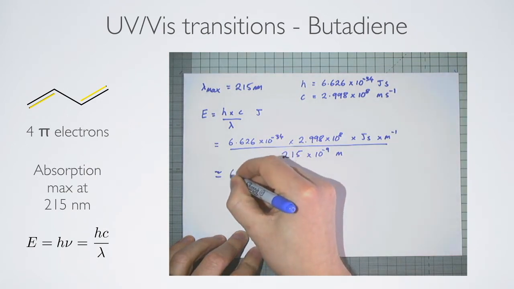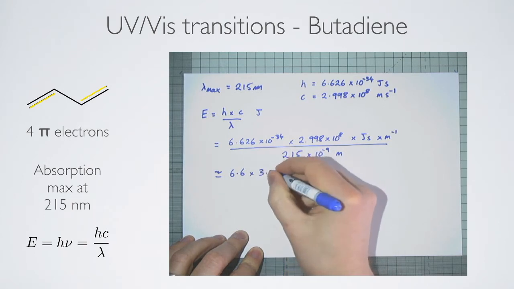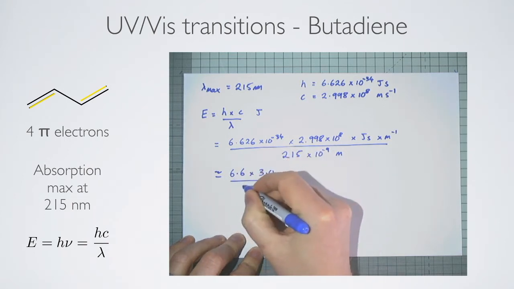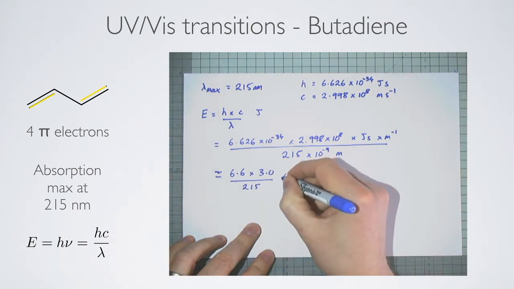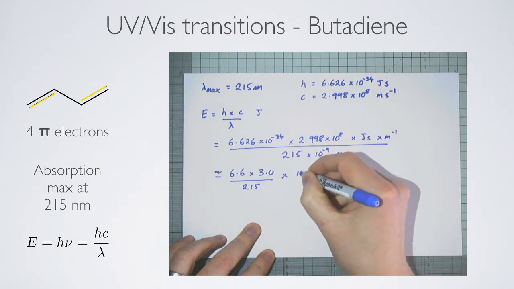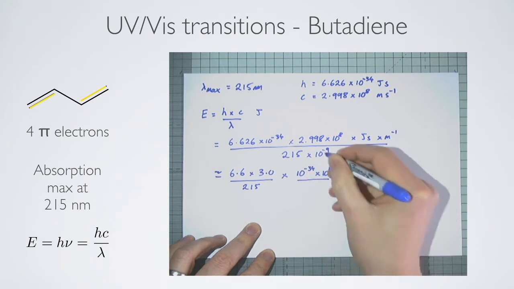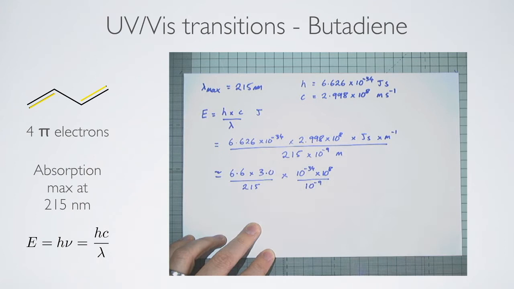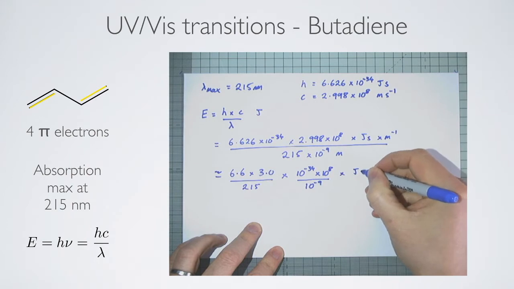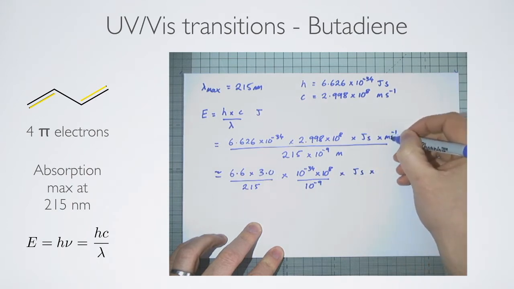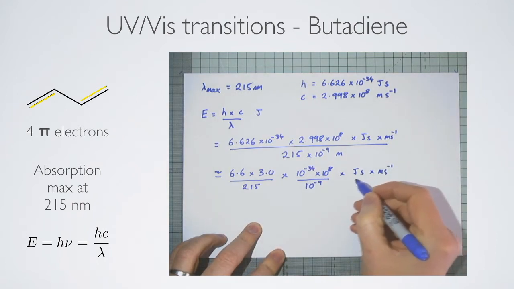So firstly, we have 6.6 times 3-ish divided by 215. We then combine our exponents, times 10 to the minus 34 times 10 to the 8 divided by 10 to the minus 9, and then we combine the units, times joule seconds times meters per second, divided by meters.